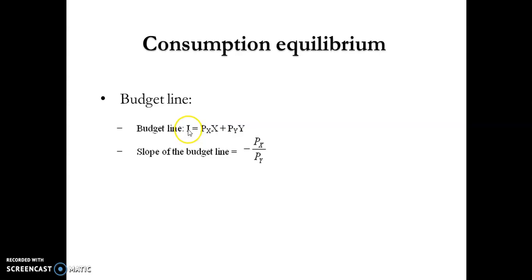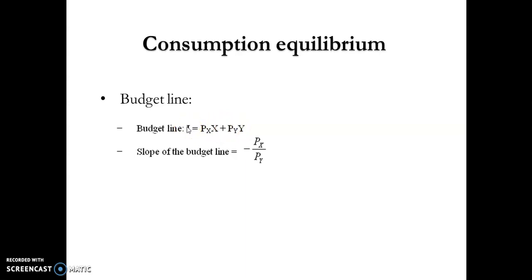So I, or the income, is equal to the price of good X times X, which is the quantity of good X, plus the price of good Y times the quantity of good Y. So here we have our prices, with the subscript X denoting the price of good X, and this is the price of Y, and those represent the quantities, and I represents the income.